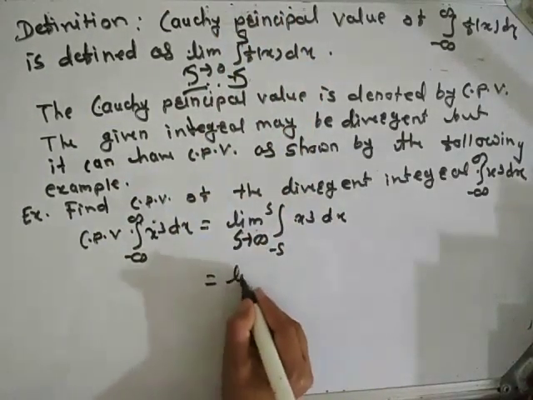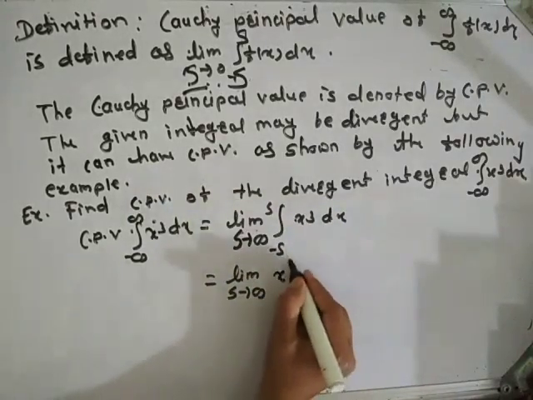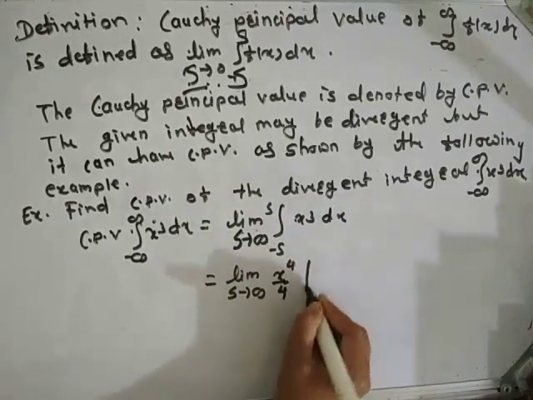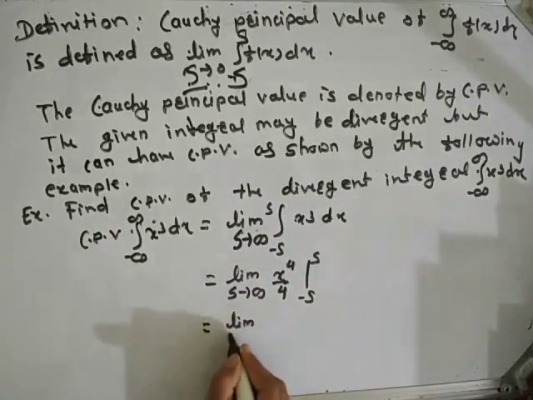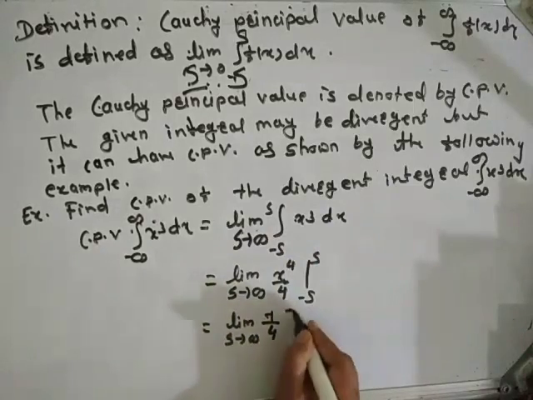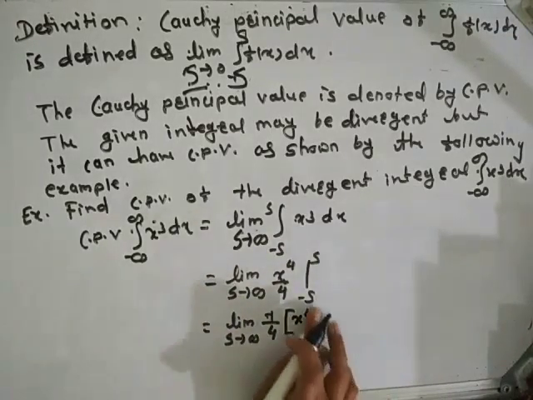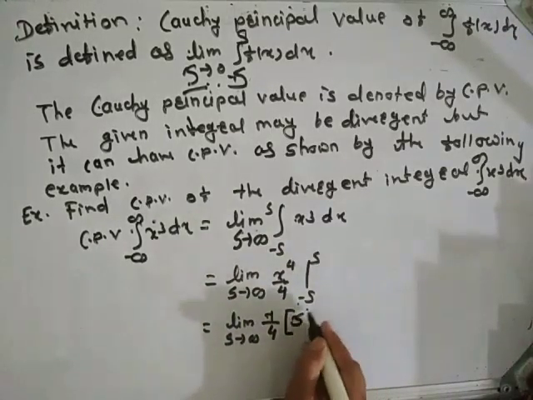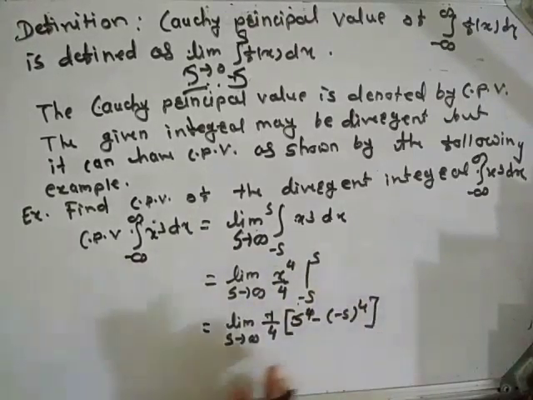This is nothing but limit s tends to infinity, integration of x cube is x raised to 4 upon 4, from minus s to s. Take 1 by 4 as a constant outside, in bracket remains x raised to 4. Put upper limit and lower limit, so this is s raised to 4 minus minus s raised to 4.